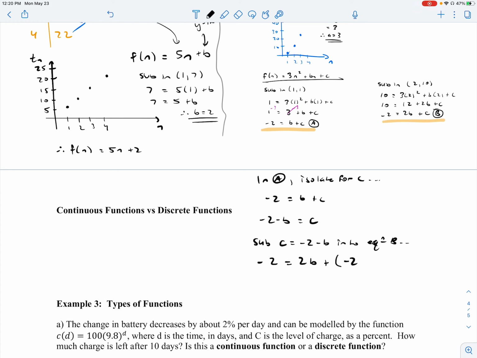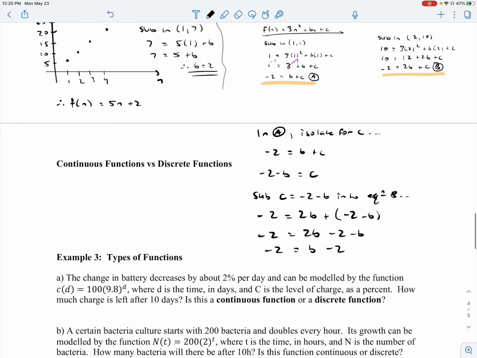So here's my substitution. We have negative 2 equals 2b minus 2 minus b. Negative 2 equals 2b minus b, which is just b. Therefore B equals 0.